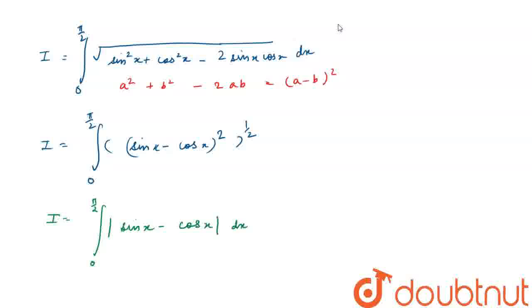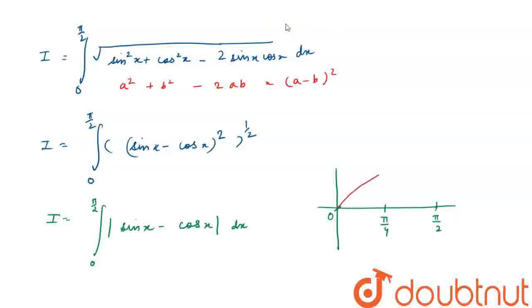Now if we see, we have the interval 0 to pi by 2, and here we have pi by 4. If we see the sine graph, sine is an increasing function from 0 to pi by 2, and here we have 1. Similarly for cos x, it is a decreasing function from 0 to pi by 2.